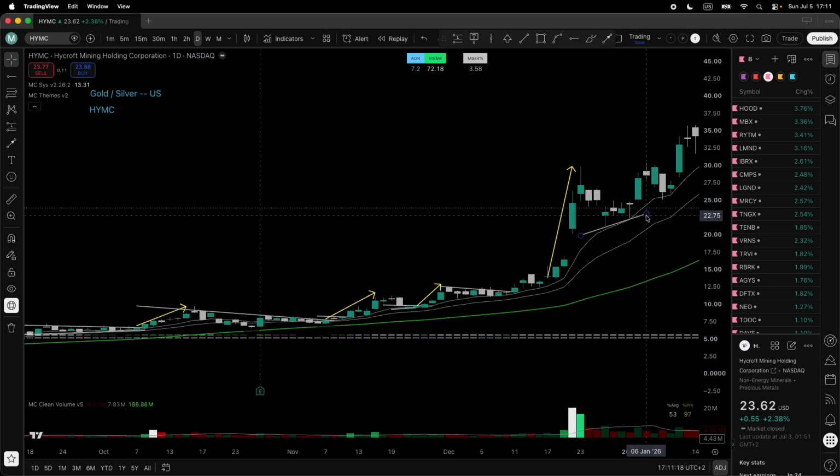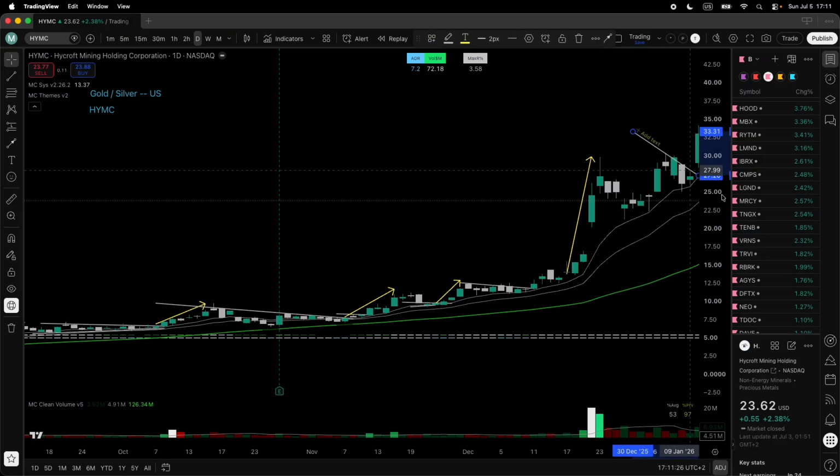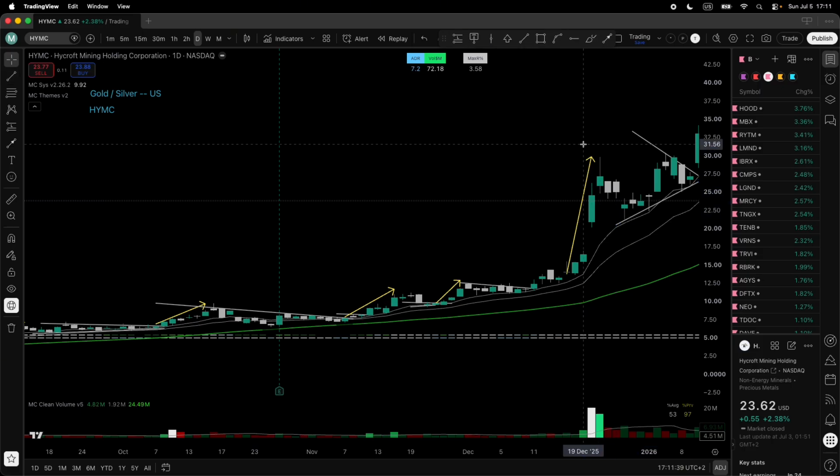So let me remove this. But if I'm trading this, I would have another chance here to enter. As you can see, price contracted again with a small-bodied candle. Price is almost in balance against the 10-day moving average, and I have all the higher lows here, and I have my resistance here.